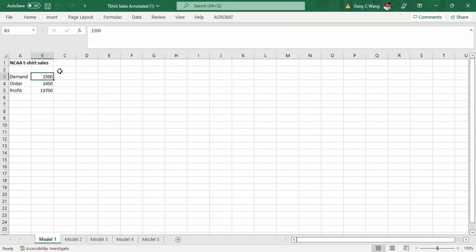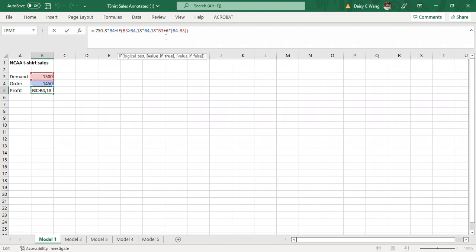Here it's just a number, and this one is just a number, but here we got some information. It says profit equals negative 750 minus A times B4 plus if B3 greater than B4, then 18 times B4. Otherwise, then 18 times B3 plus 6 times B4 minus B3.